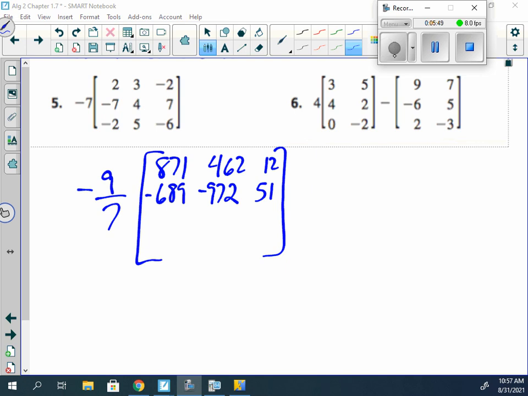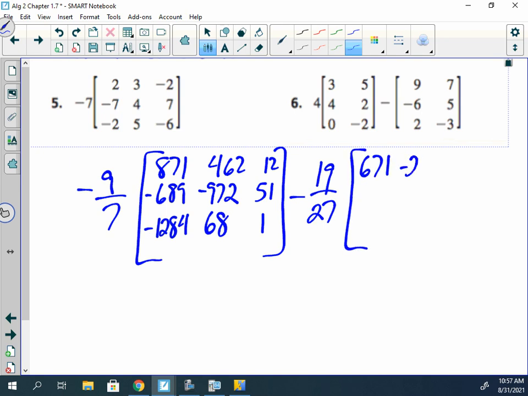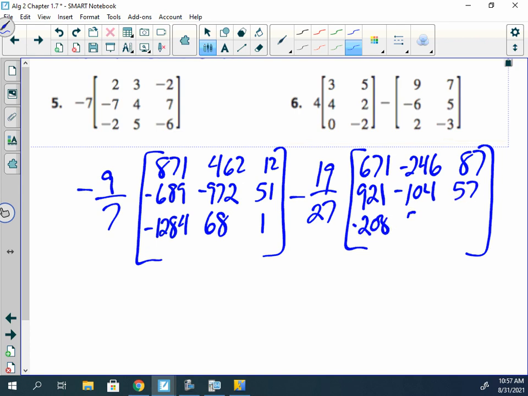And then let's say -1284, 68, and 1, minus 19/27, 671, -246, 87, 921, -104, 57, -208, 51.